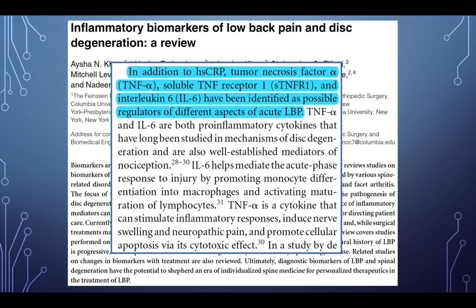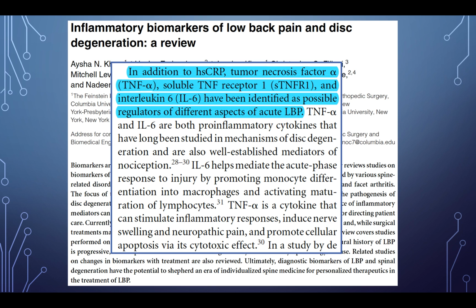In addition to HSCRP, tumor necrosis factor, TNF alpha, soluble TNF receptor 1, sTNFR1, and interleukin 6 have been identified as possible regulators of different aspects of acute low back pain. TNF alpha and interleukin 6 are both pro-inflammatory cytokines that have long been studied in mechanisms of disc degeneration and are also well-established mediators of nociception.